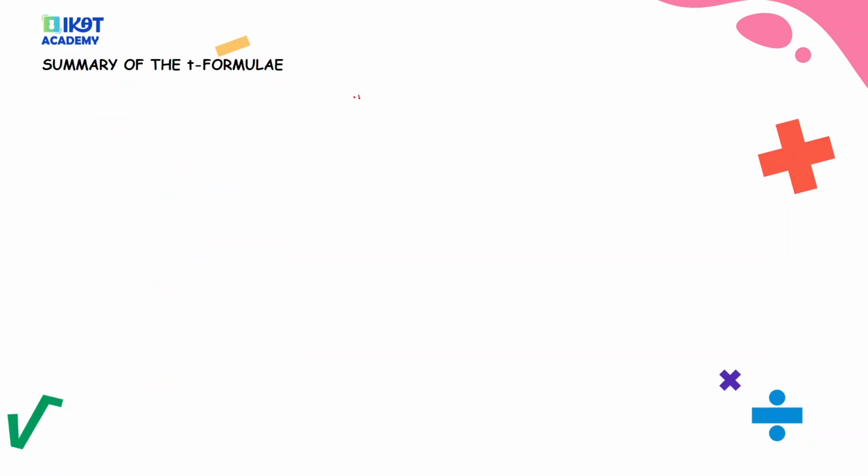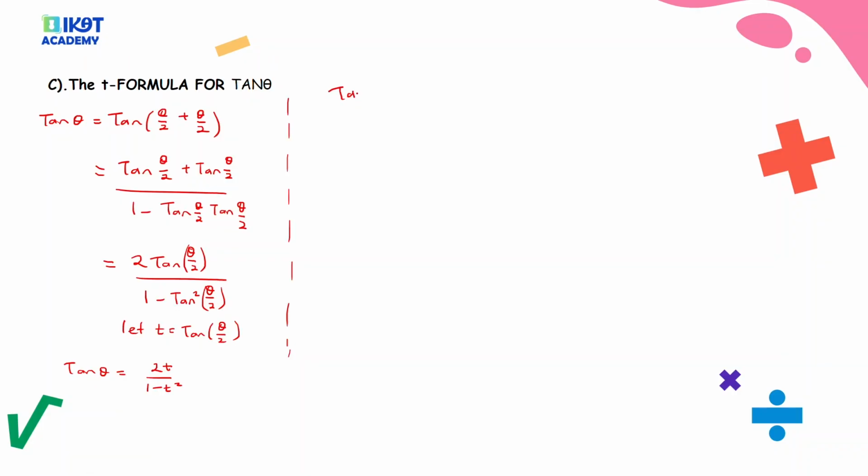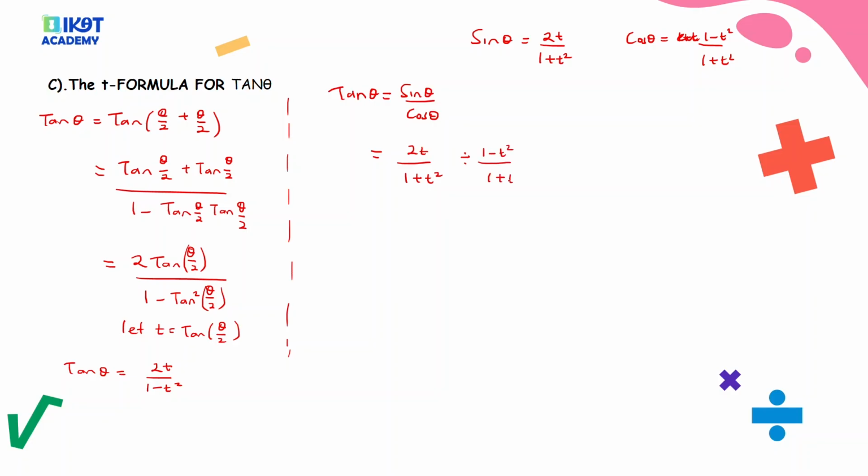Okay, so another way someone would have done this, which is actually a longer way: tan theta is equal to sine theta out of cos theta. From the previous expressions, sine theta is 2t out of 1 plus t squared, and cos theta is 1 minus t squared out of 1 plus t squared. So this is 2t out of 1 plus t squared divided by 1 minus t squared out of 1 plus t squared.